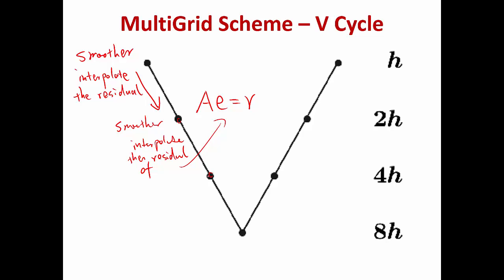And when we go to an even coarser grid, we are solving the error equation of the error equation. And when we go to the 8H grid, we are solving the error equation of the error equation of the error equation. It is a totally recursive scheme. All right?